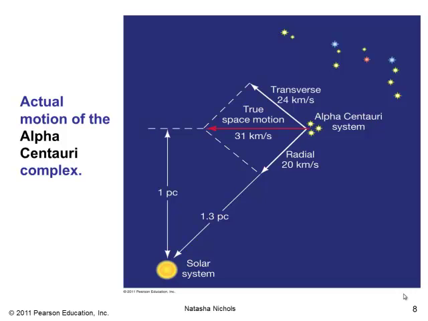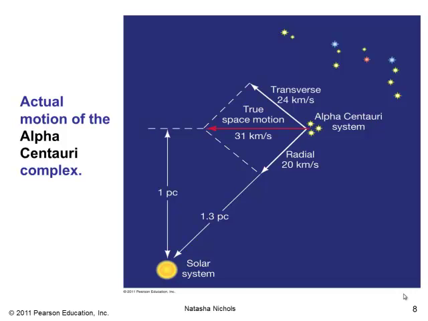So here's the actual motion of the star closest to us, Alpha Centauri. The transverse component of the velocity, and transverse means perpendicular, has been determined by observing the system's proper motion. The radial component, meaning along our point of view, is measured by using the Doppler shift of lines in Alpha Centauri's spectrum.